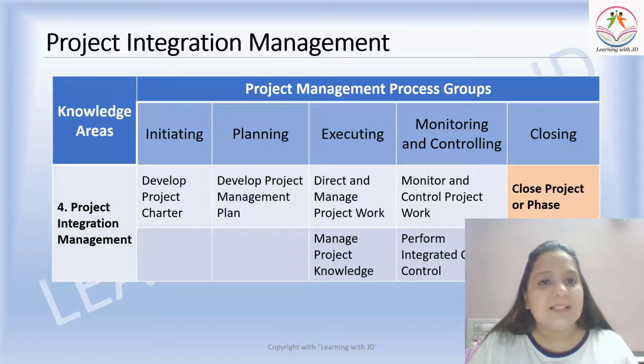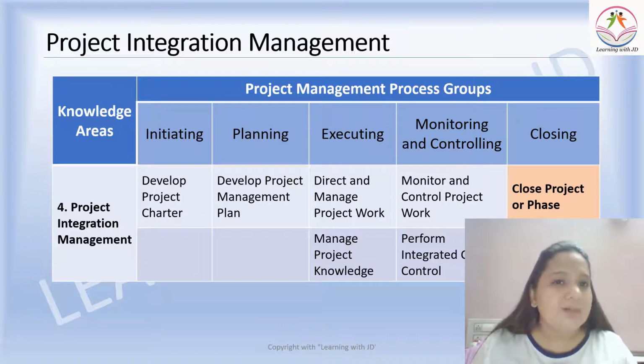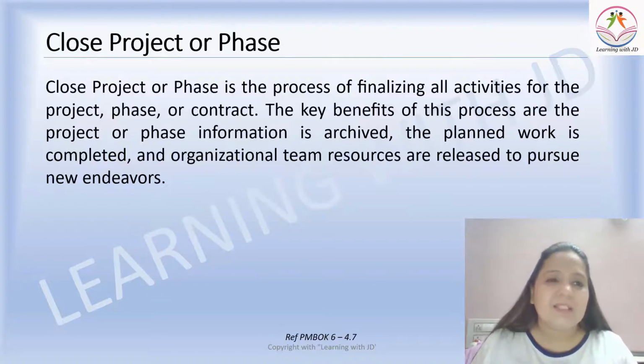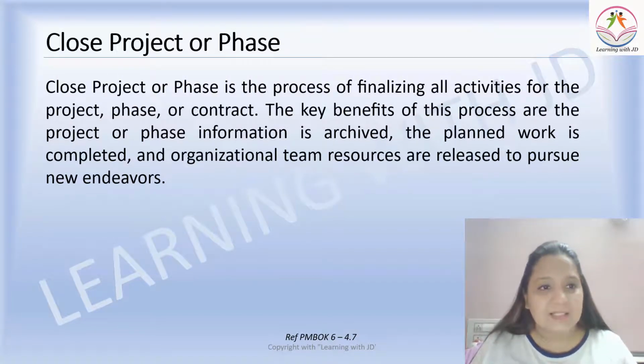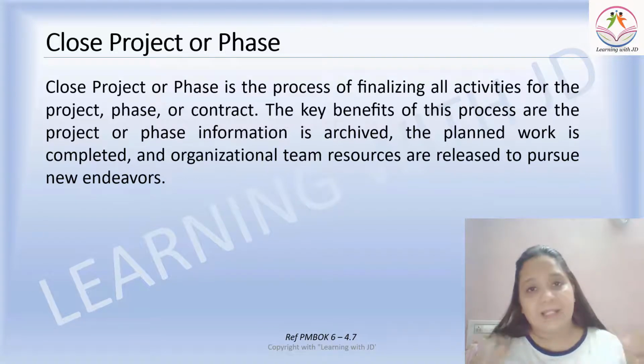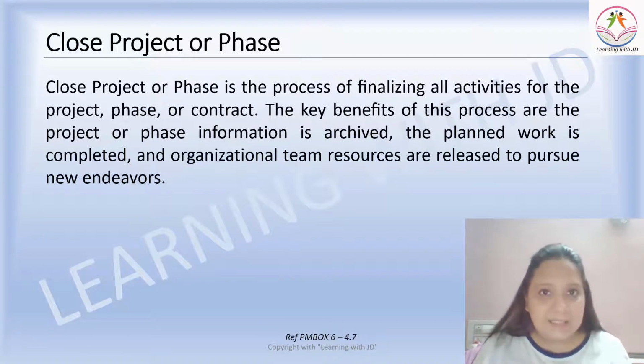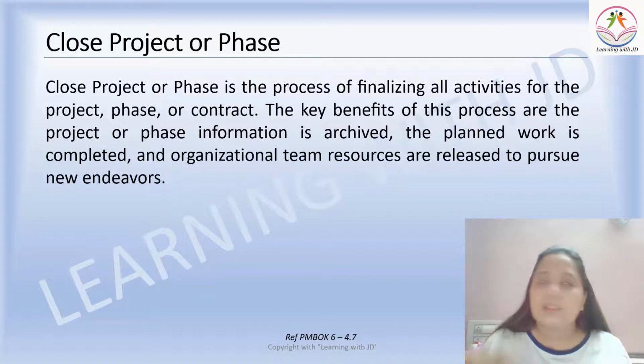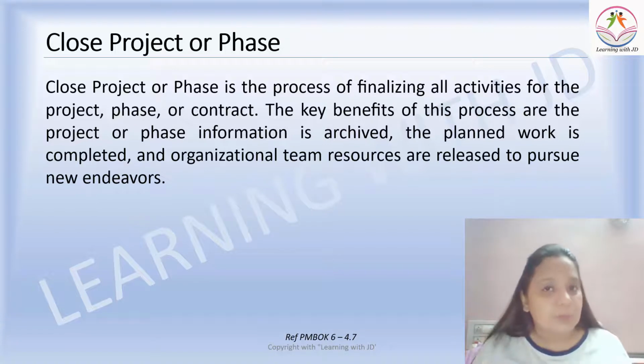Now we are going to look at the last process of the closing process group, which is close project or phase. Close project or phase is the process of finalizing all the activities for the project. Now at this point in time, your initiating is done, your planning is done, you started the project, the monitoring and controlling is done, you monitored and controlled the project.